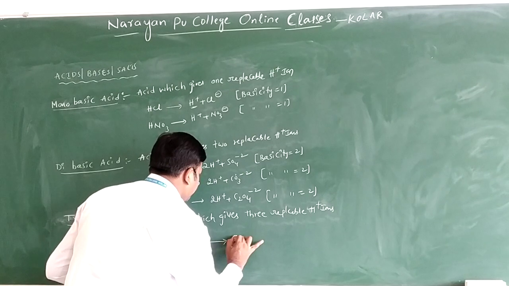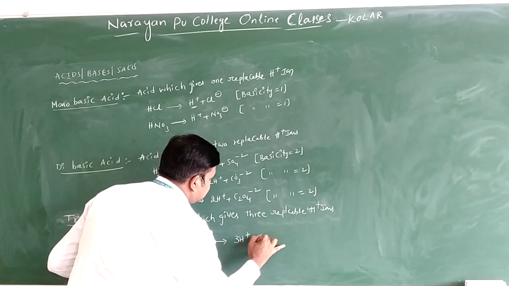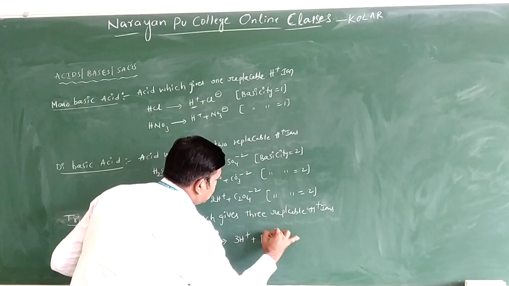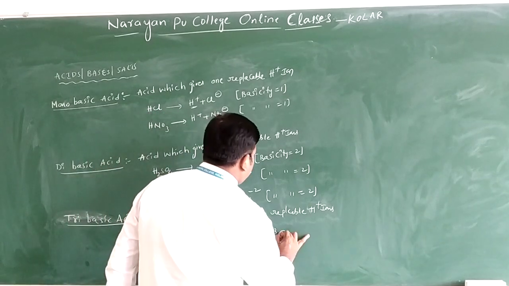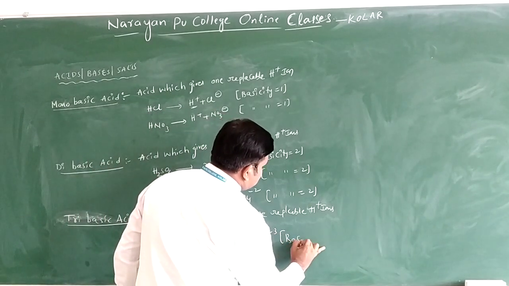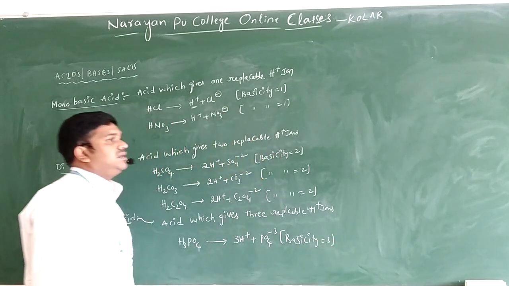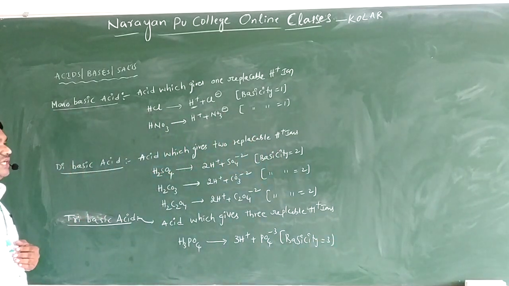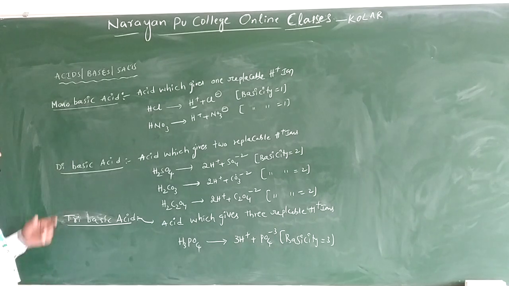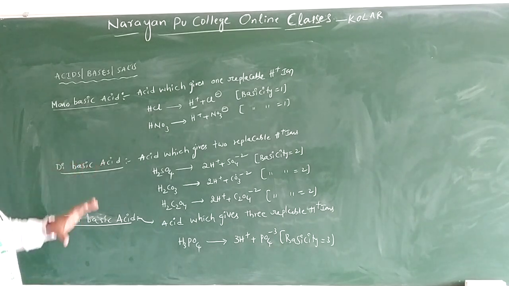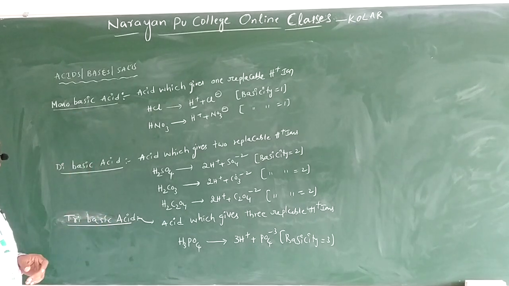It dissociates to give 3H plus and PO4 3 minus. So here what is the basicity? 3. So these are the different types of acids we have: monobasic acid, dibasic acid and tribasic acid. This classification is mainly based on the number of replaceable H plus ions.